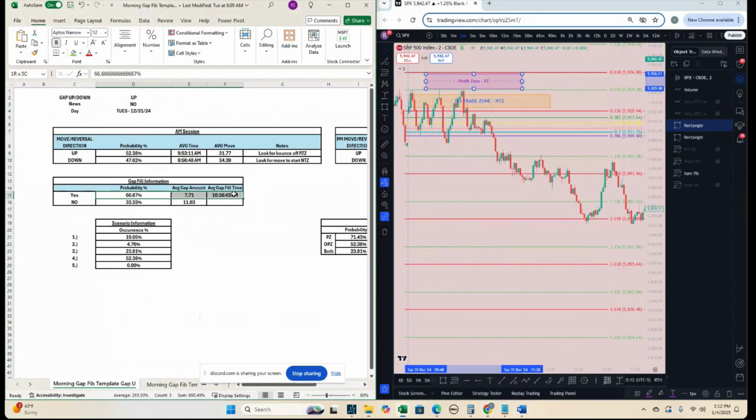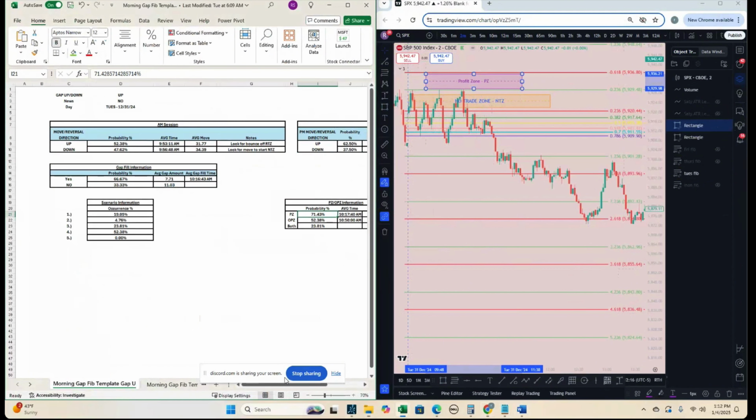So there's a 67% chance, or 71% chance, that we would hit the profit zone. So that's pretty high. Anything over 70, I'm looking to take trades up into that direction, but I'm looking to get it from a retracement zone, or I'm looking to get it from a discount if we're so close to it already.